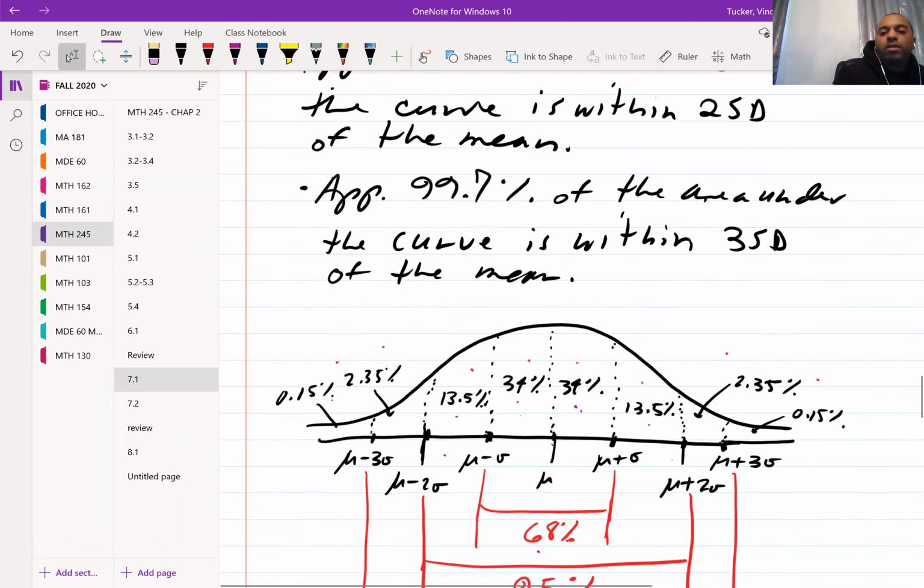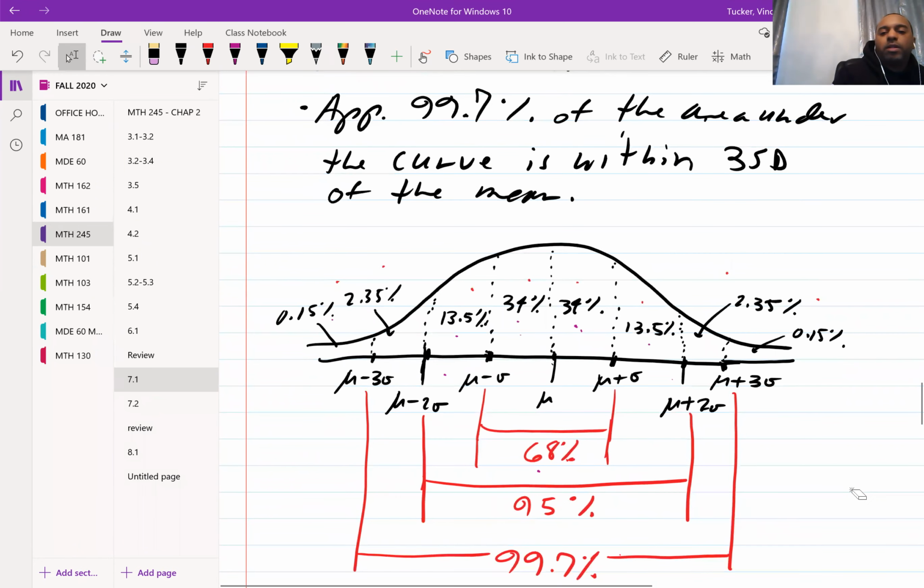All right, and that's that diagram right there. Like I said, we dealt with that diagram before.